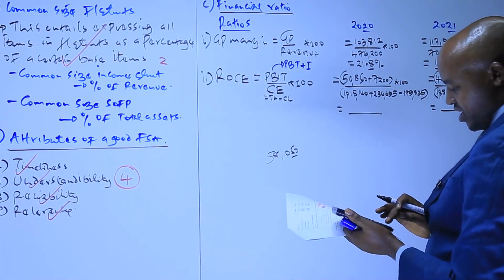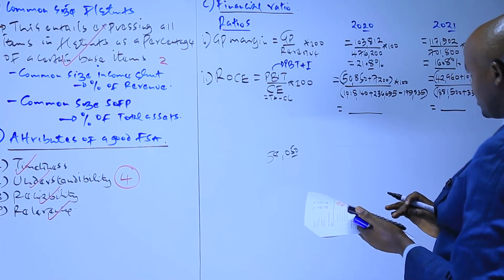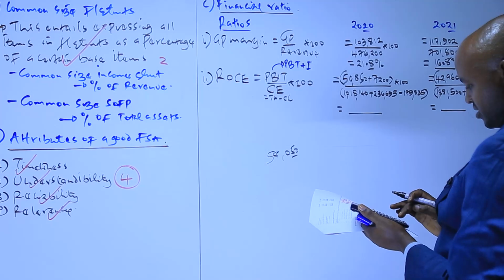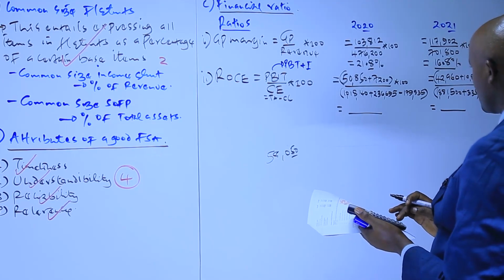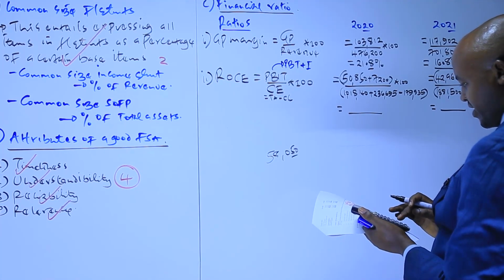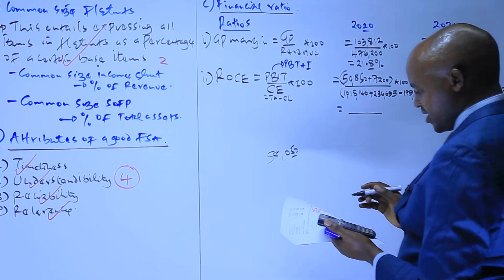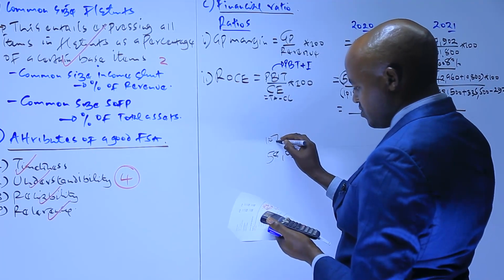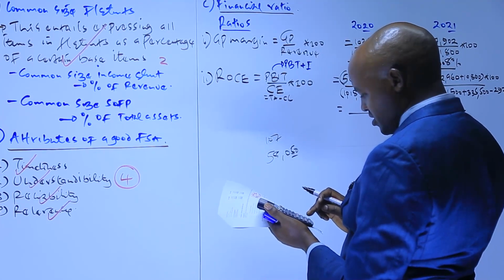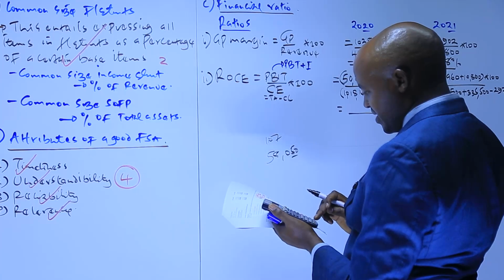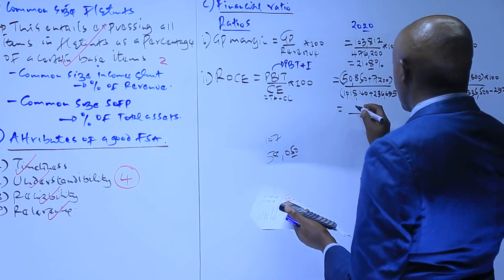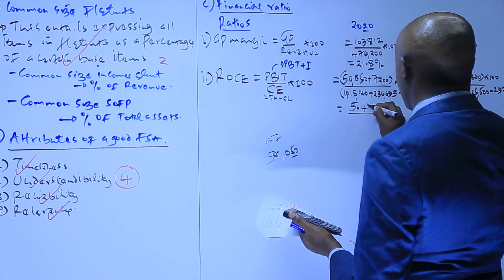And then we have the denominator: 1,018,140 plus 236,695 minus 179,835. That will give us 107. Okay. So what we need to do, we take 58,050 divided by the answer times 100%, and that will give us 5.4%.